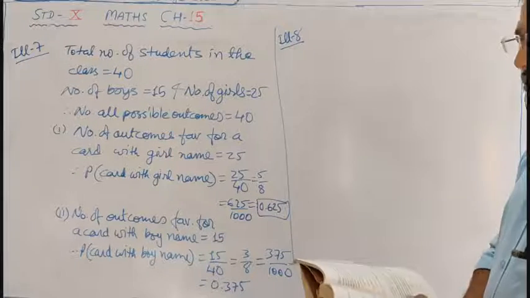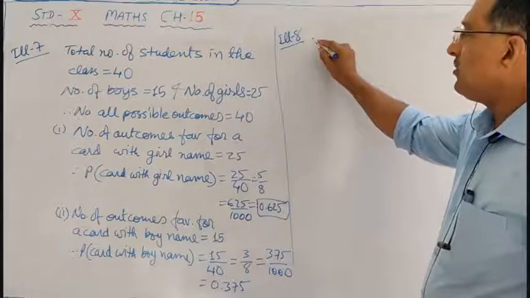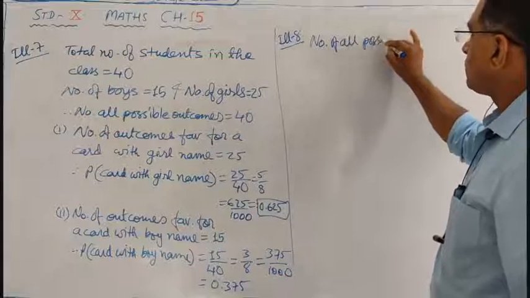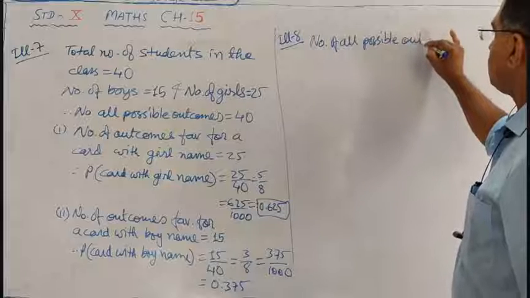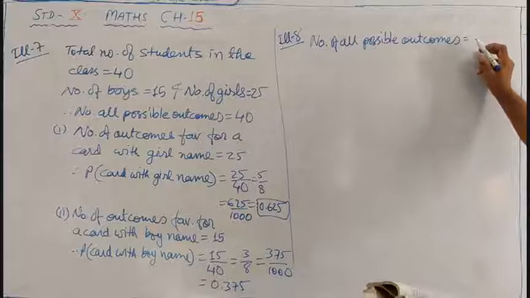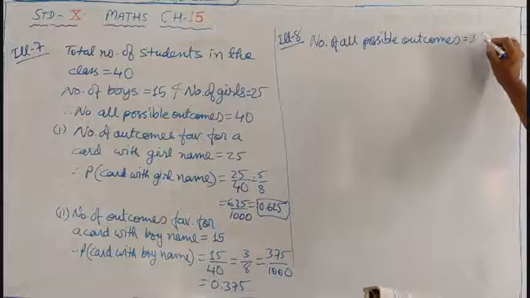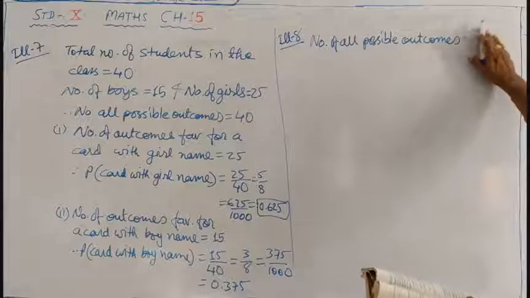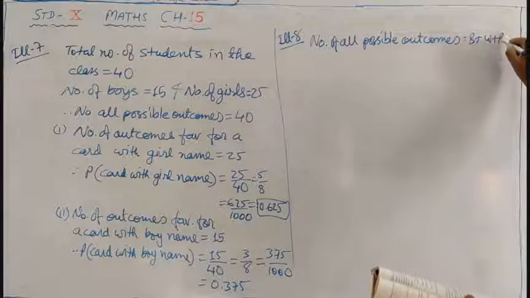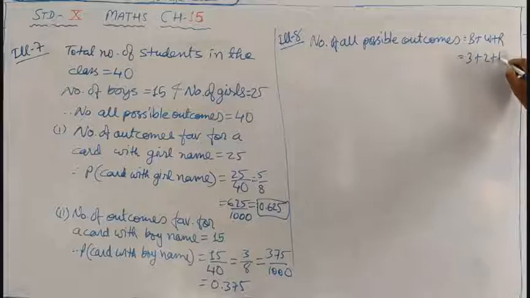That is equal to number of all possible outcomes, and that is equal to number of marbles which are white, blue, and red. So we can say blue plus white plus red. So there are 3 blue and then 2 white and 4 red marbles.